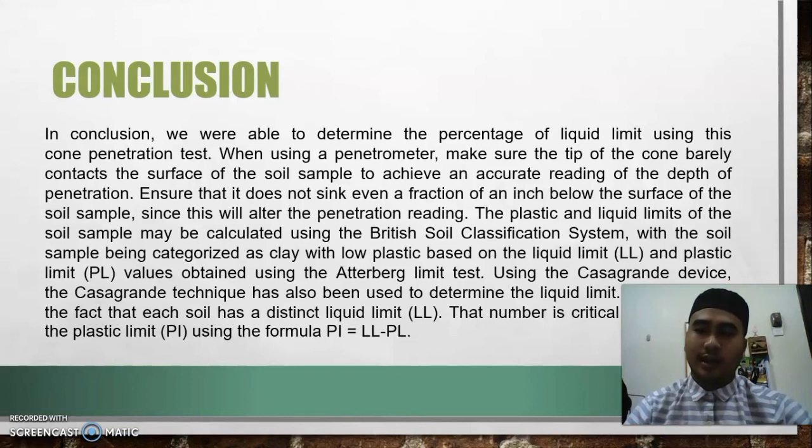The Casagrande technique has also been used to determine the liquid limit. This is due to the fact that each soil has a distinct liquid limit LL. That number is critical for calculating the plasticity index PI using the formula PI equals LL minus PL.